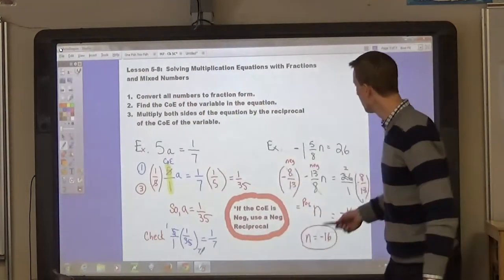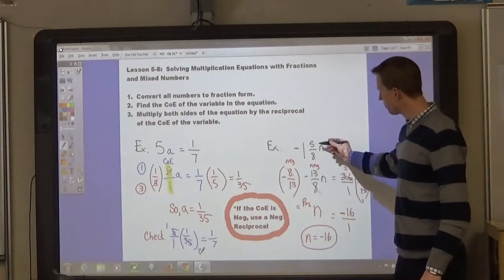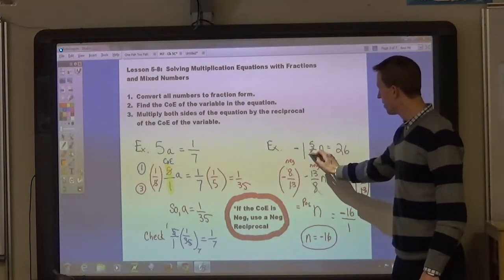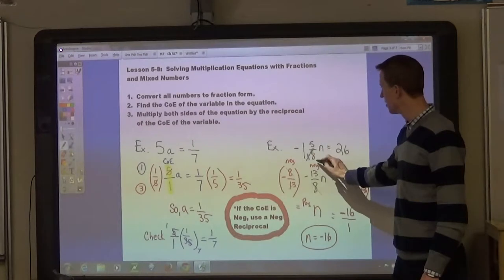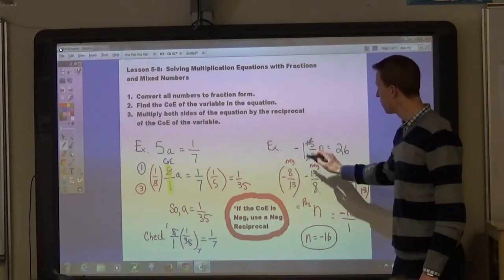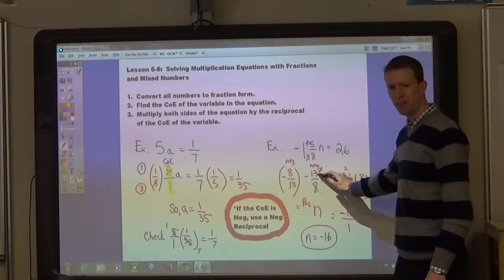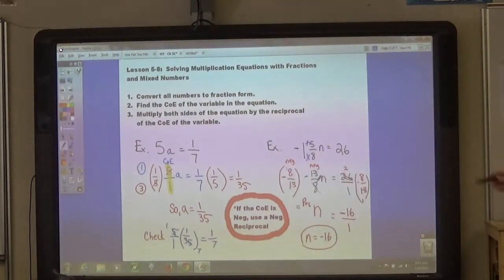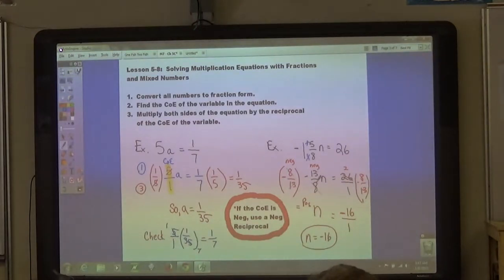If it's a mixed number, you'll have to change it to a top-heavy fraction. 1 times 8 plus 5 is 13 over 8. 13/8. Or in this case, negative 13/8. Okay, everybody with me so far? Remember how to change those?